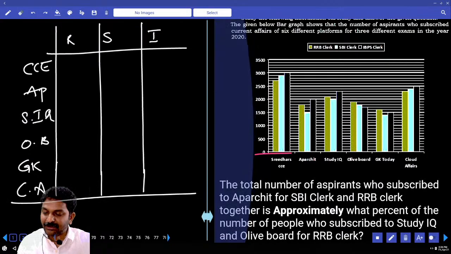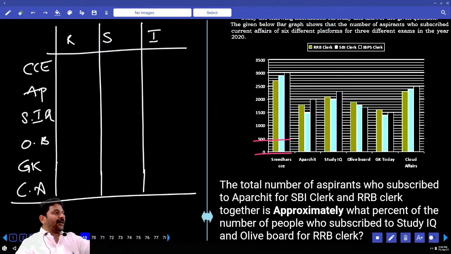Right, so 0 to 500. Between 0 and 500, how many gaps we have? Divisions, 5 divisions. So each division occupies 100.